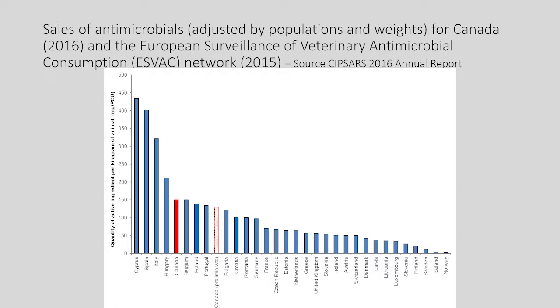So of course, when we talk by kilogram, we are using substantially more kilograms of antimicrobials than a country like Iceland, because we actually are feeding the world in Canada. We are major exporters of beef. We are major exporters of pork. And we cover all of our domestic consumption of poultry and dairy in this country, while only being number 4 or 7. So that's why I wanted to put up this graph.